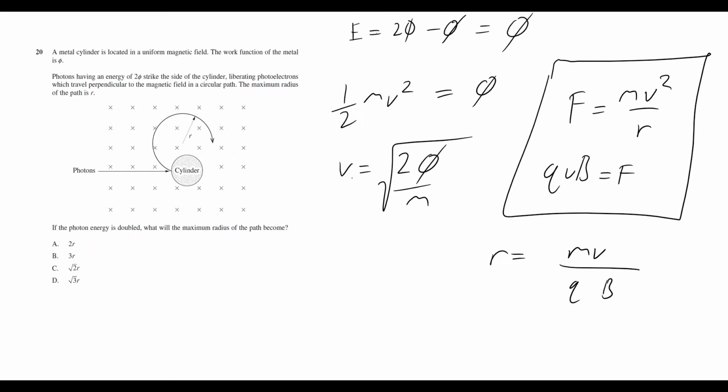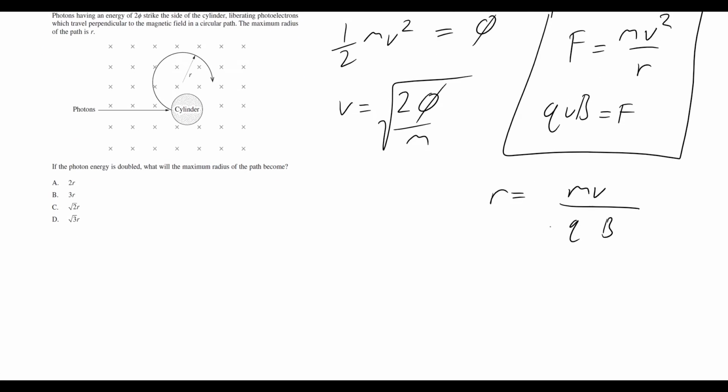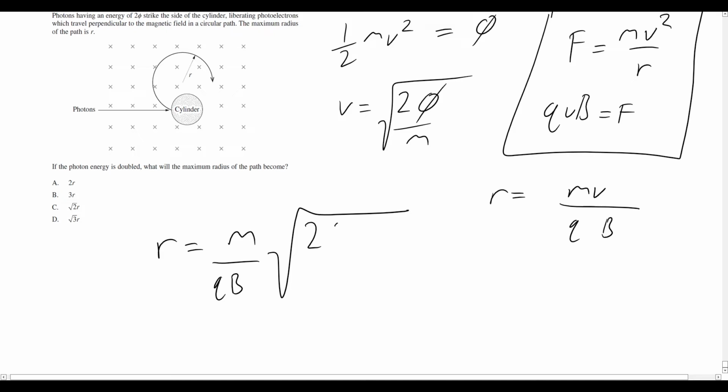So v is dependent on the work function and the amount of energy given to that electron via that photon. So we can now replace that velocity here with the velocity that we had already found earlier. And we find that the radius for the path that this electron is circling around is going to be equal to m over qb times the square root of 2 phi over m.